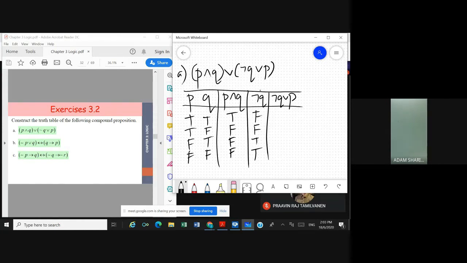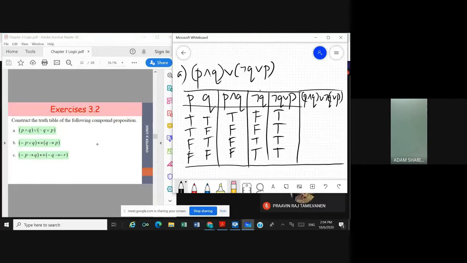Focus on this. Focus on this. F, T, T, T, T, and T. Finish. Lastly, you combine P and Q or not Q or P. Where you need to focus on this one or this one, okay?